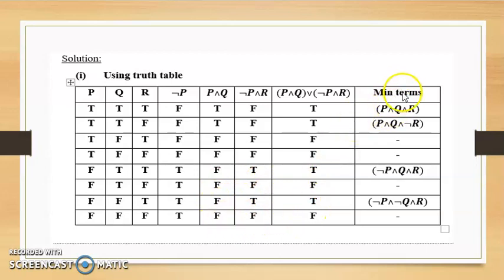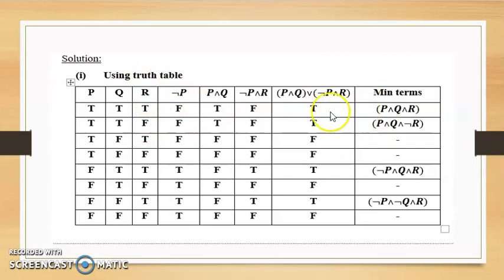Next, we are finding only the PDNF, so we have to take only the true values. How many true values are present? 1, 2, 3, 4 places. If we are getting a true value, we should take the variable as it is. If it is false, we should take the negation of that variable.